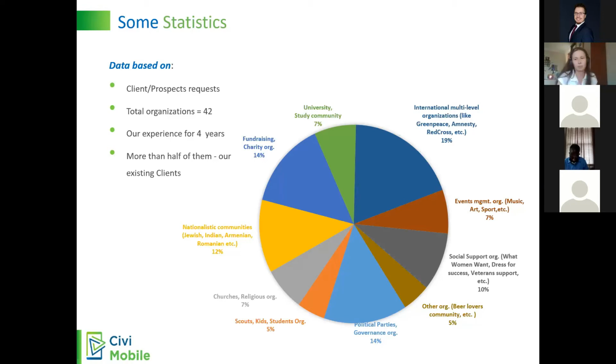We have 7% of them, so it's from our experience. And we see organizations, some kind of fundraising and charity organizations. All of them use CiviCRM, and all of them need access to the contact data, to the members data, and so on. That's why CiviMobile helps them do it in real time.